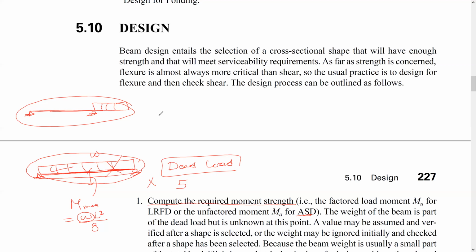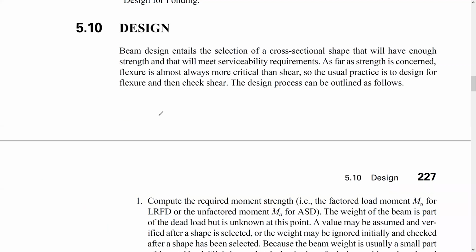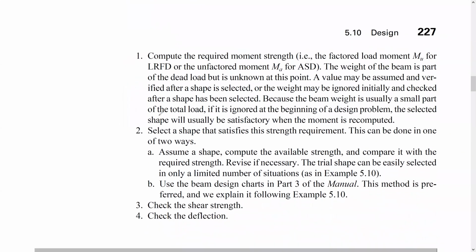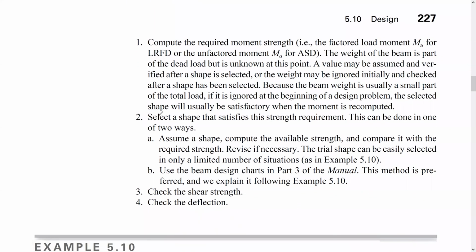Okay, so this is step number 1, which is here. You can read it, guys, in detail. So here, okay, and step number 2, we need to select the shape that satisfies the strength limit state or requirements.